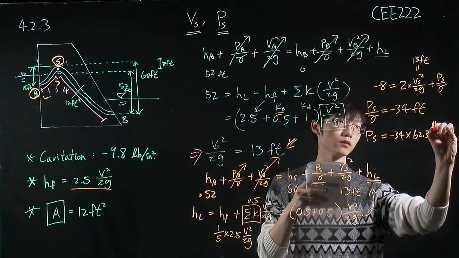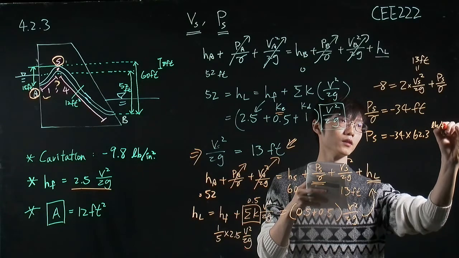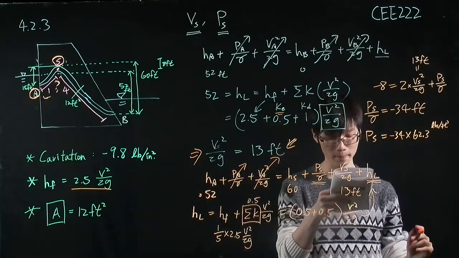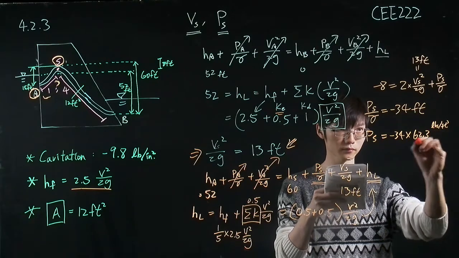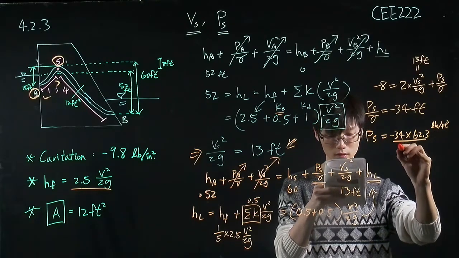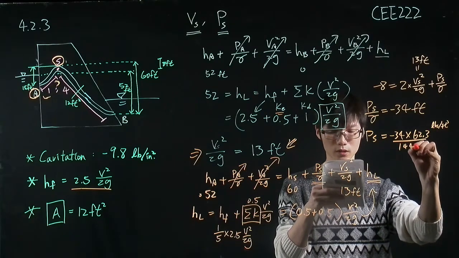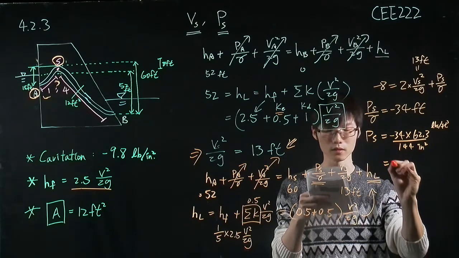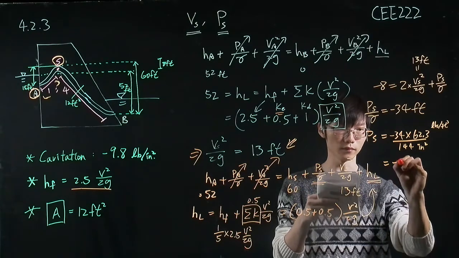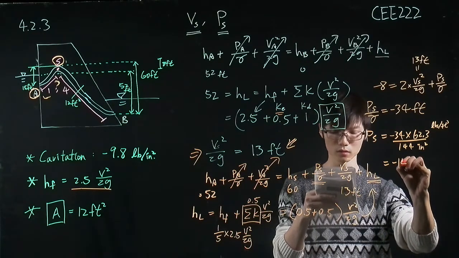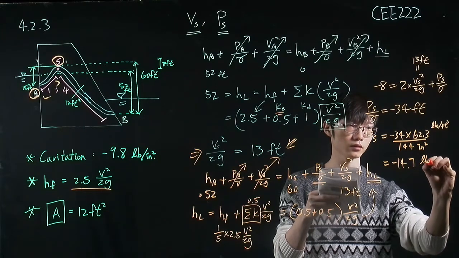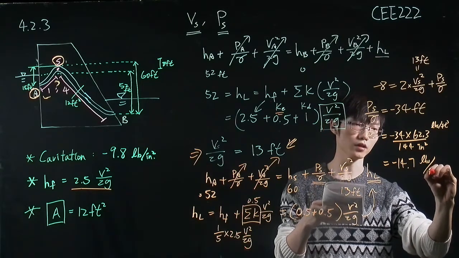This is pound per cubic feet, and then we divide this into 144 inch square, and this will have the final answer 14.7 pound per square inch.